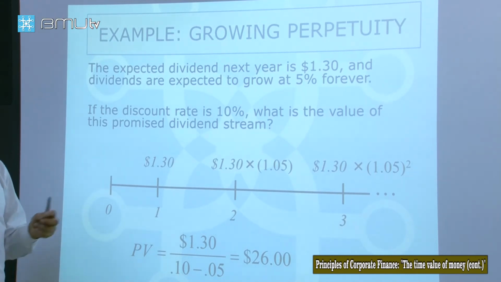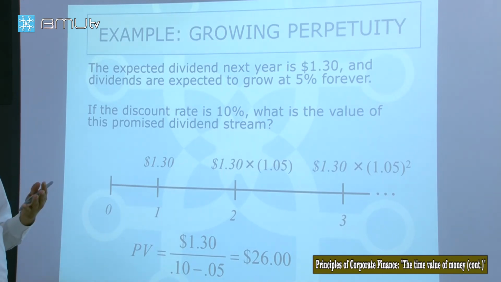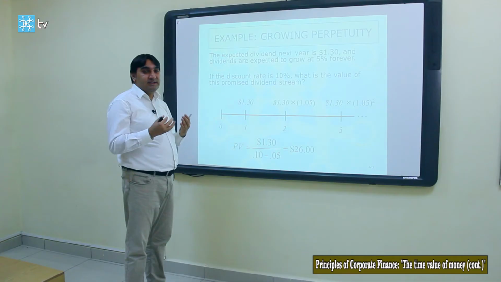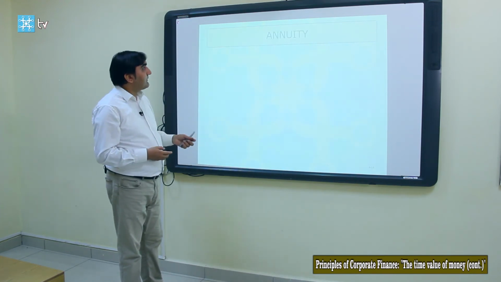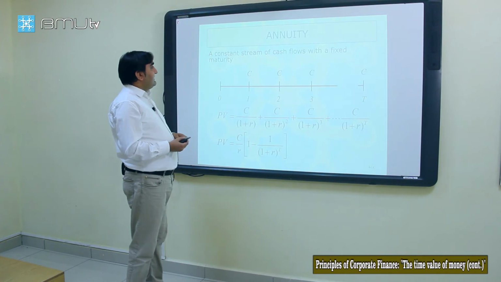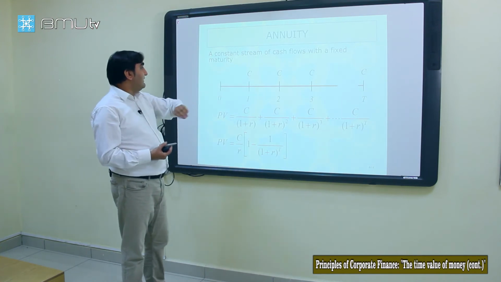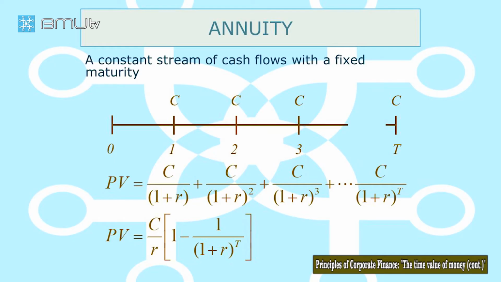And I will say this: the present value of future cash flows of any financial asset is the value, the price of that asset. Coming to our annuities, a constant stream of cash flows with a fixed maturity. C is constant and it has a fixed maturity T. It may be 5 years, 10 years, or others.